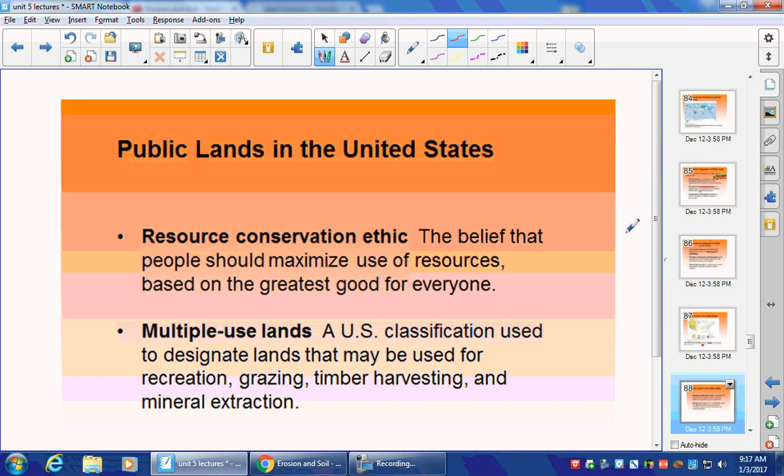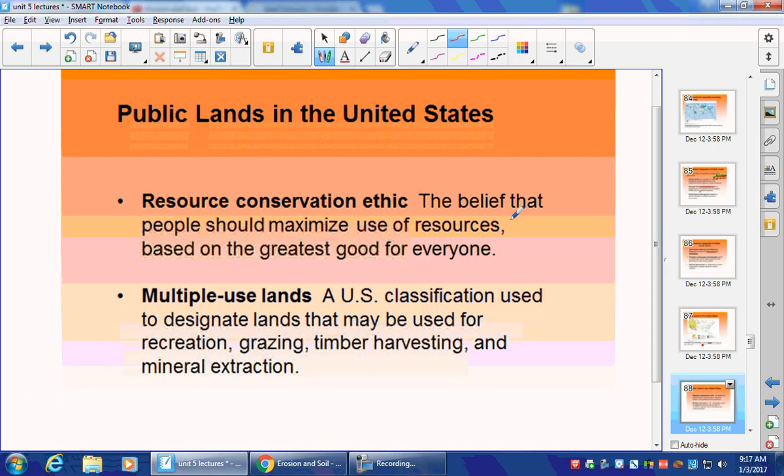Half, right? Resource conservation ethic, the belief that people should maximize the use of resources based on the greatest good for everyone. So this is really tough because when we get into conversations and we allow certain individuals to get in that have only corporate interests in mind, right? It's very hard. What I say is good for myself might be very different than somebody who has a different motive in life, right?